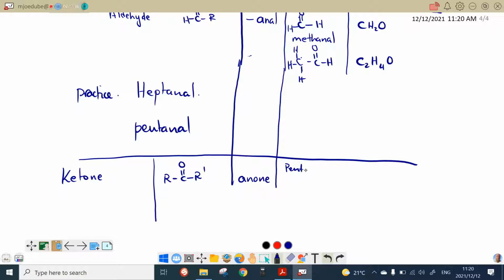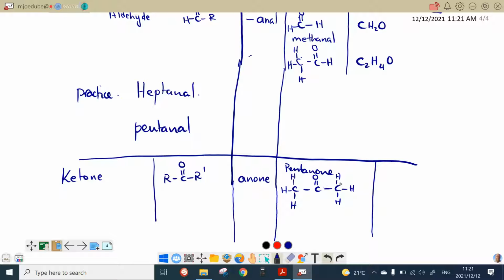Pentanone, we could have something like this, double bond there, with the O, and then from there, this is the rest of the alkyl chains that we're talking about. These alkyl chains can be different or they can be identical. In other words, this can be longer and that can be equally long, or if not shorter, right? And so you've got your pentanone.